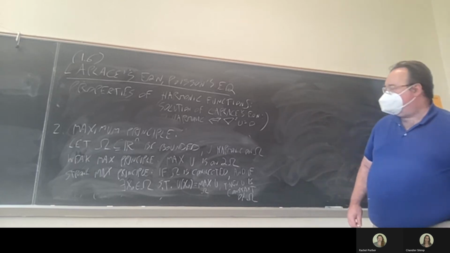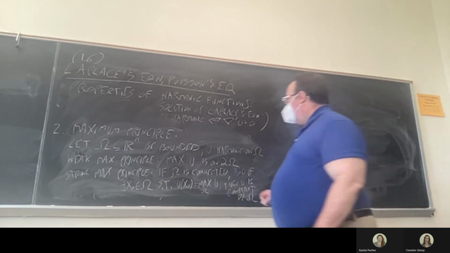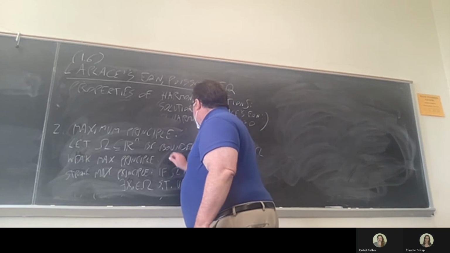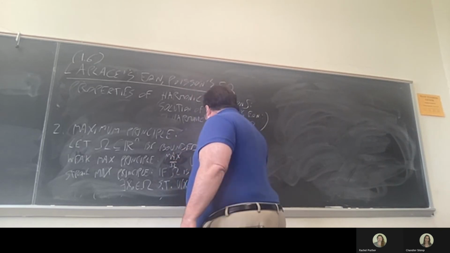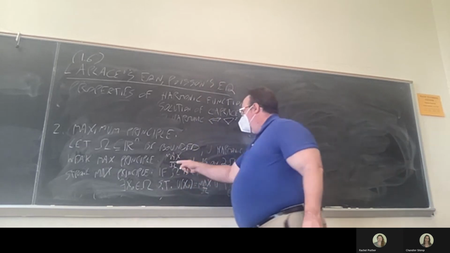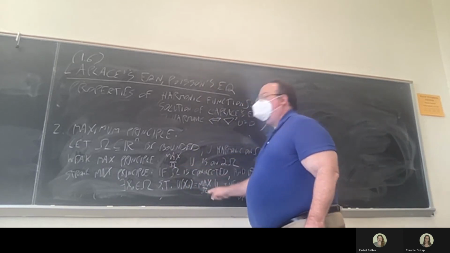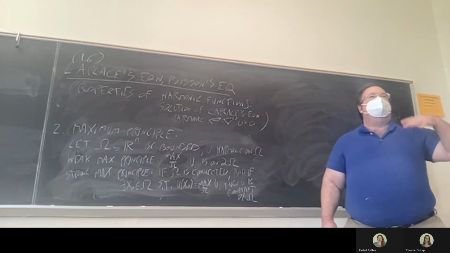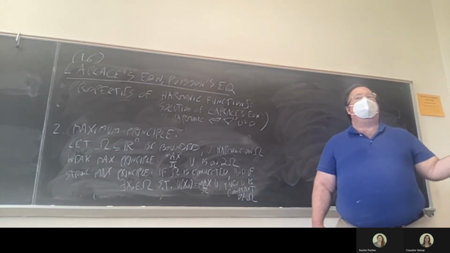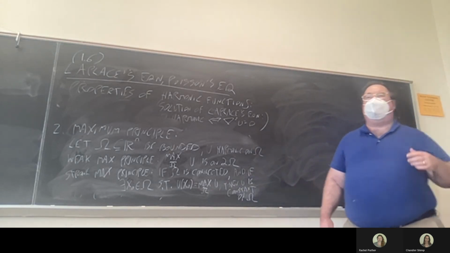Actually, I should be more precise here. When I'm taking a maximum, I should indicate omega with a bar over it. Can anyone tell me, when I take a region like omega and I put a bar over it, what does that refer to?